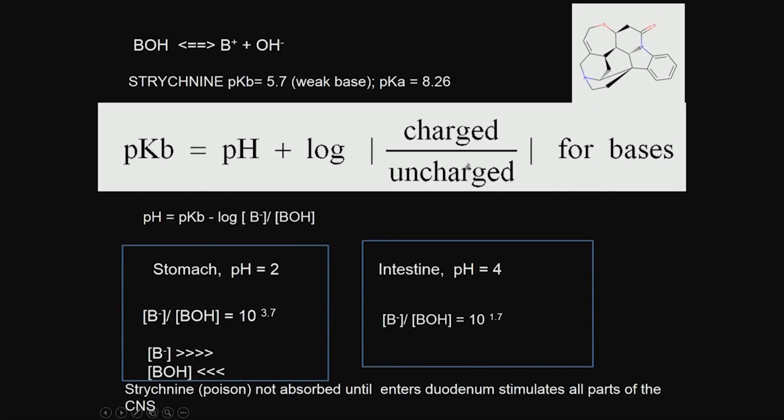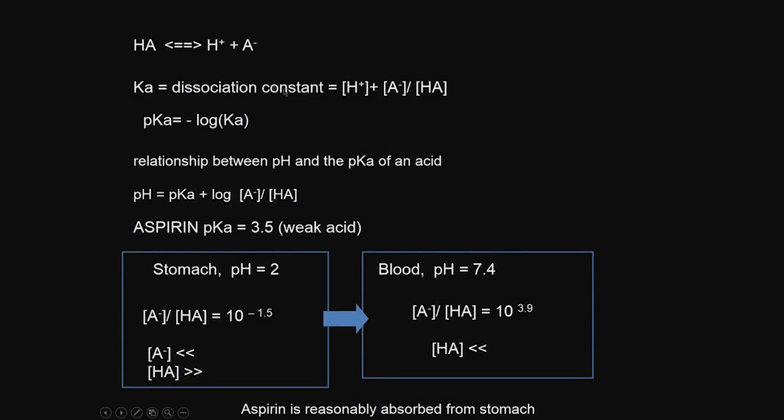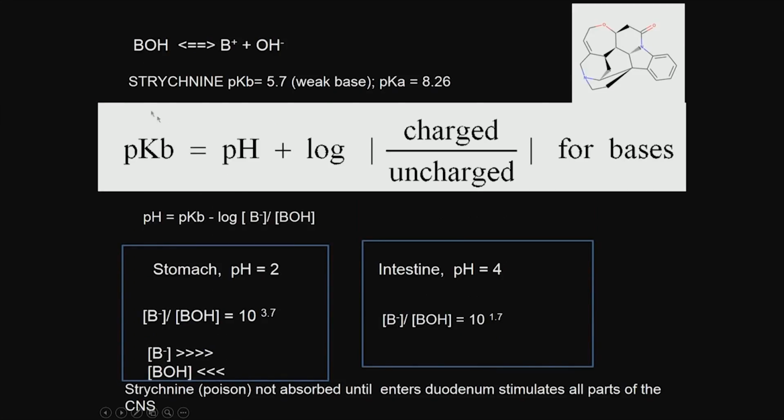As you can see here, if you take aspirin, which is weakly acidic with a pKa of 3.45, it gets absorbed, whereas strychnine has a pKb of 5.7 and has to go down to the intestine to get absorbed.